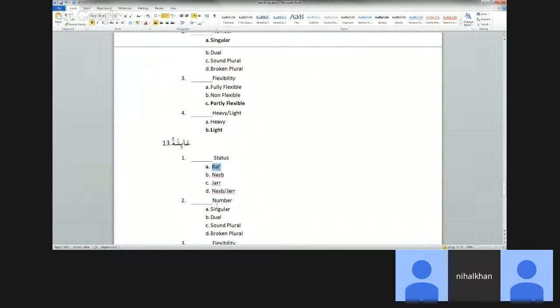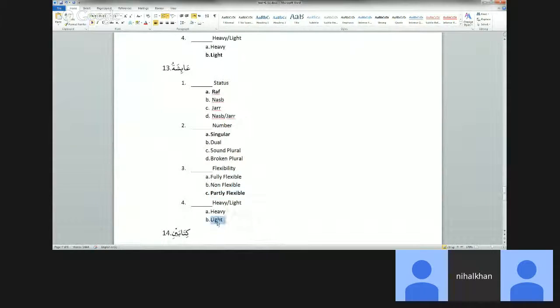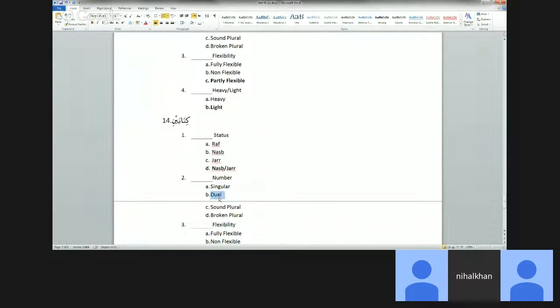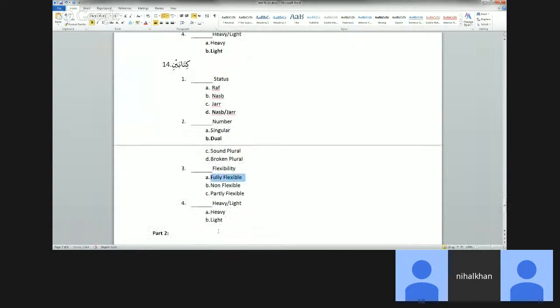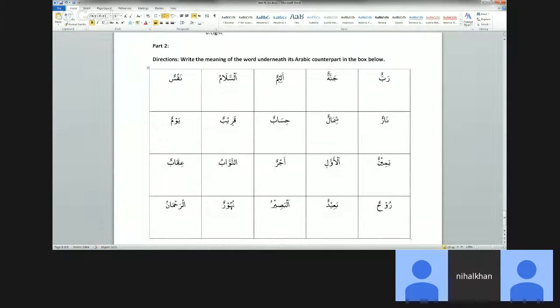Rafa, singular, partly flexible, light. Nasab or jar, dual, fully flexible, heavy. And then it was the same exact thing for before, for the vocab. Any questions before we move on?